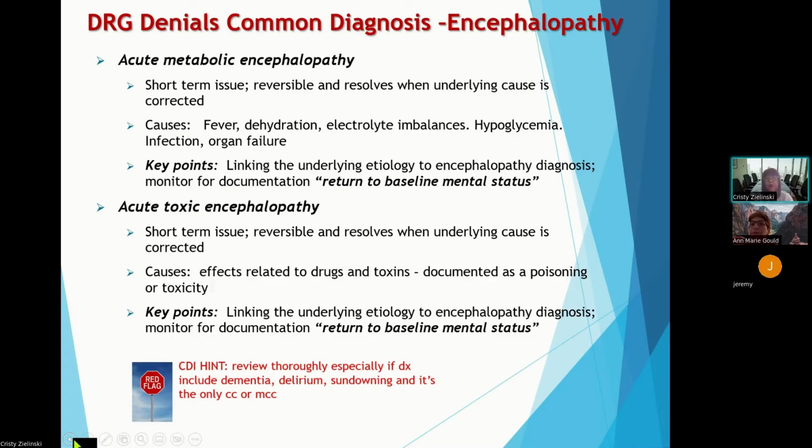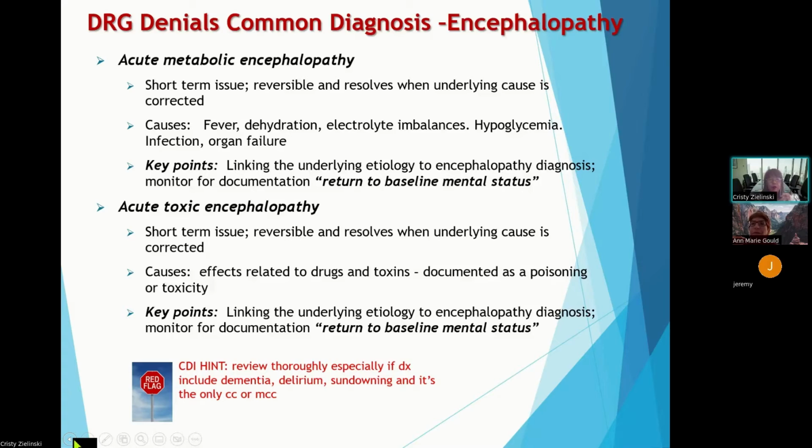Especially if I send a query, I'll put what the previous status was, like the patient was admitted with confusion on day 1, and then on day 4, the patient is alert and oriented x4. So they know that the patient was confused and now the patient's back to baseline. So they could respond with encephalopathy.